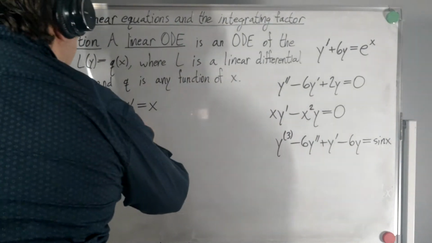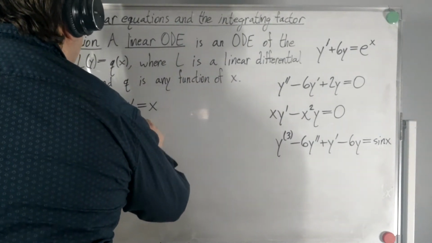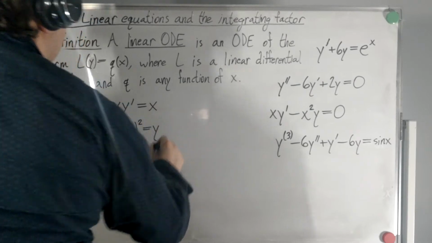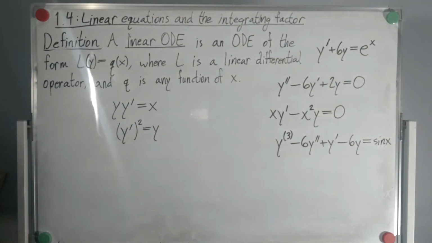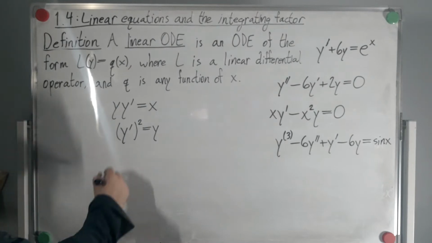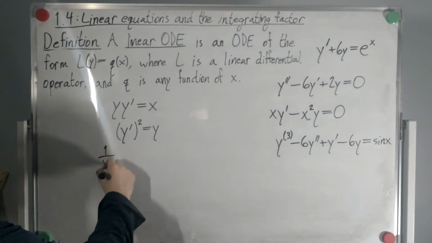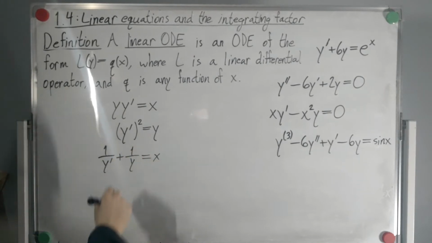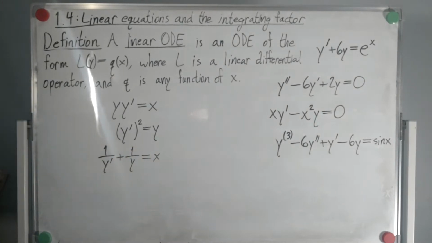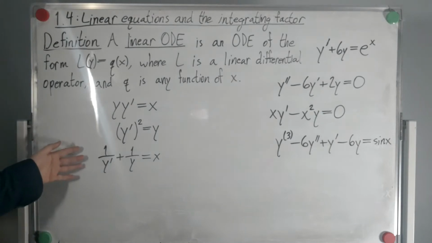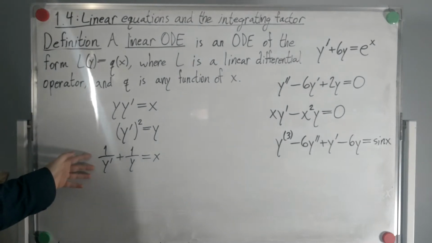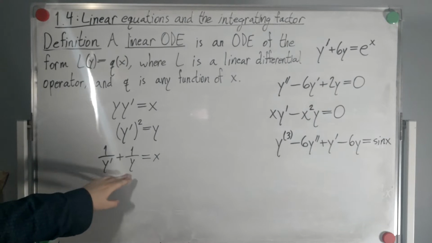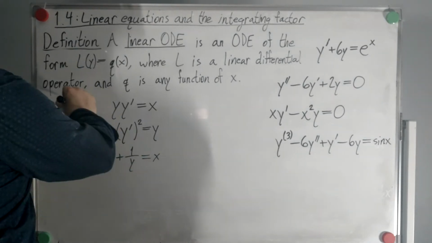You could have something like y prime squared equals y. Again, not a linear combination of y and its derivatives. You could have 1 over y prime plus 1 over y equals x. And once again, not a linear combination of y and its derivatives. So these are all nonlinear.